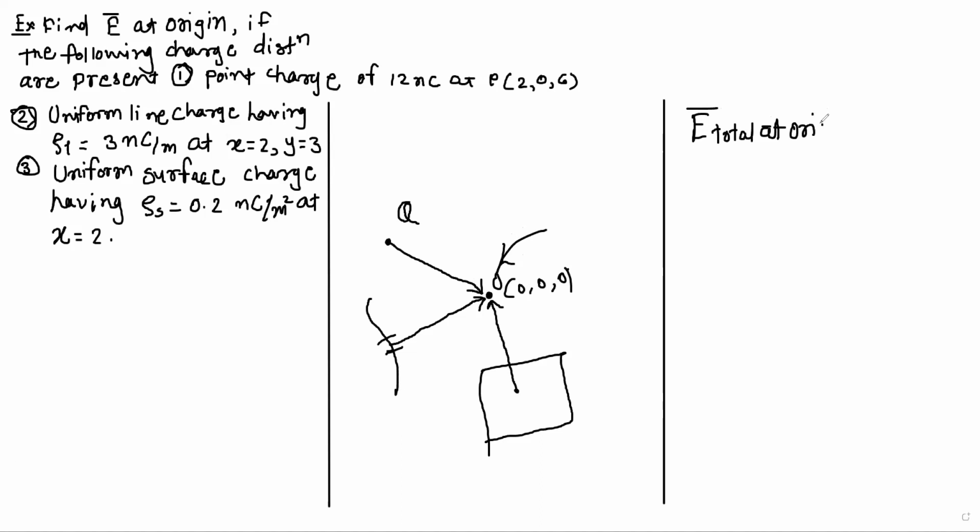It is going to be equal to the electric field intensity due to that point charge, let us assume the field produced by that point charge as EP bar, plus the electric field intensity due to line charge. How can we denote it?